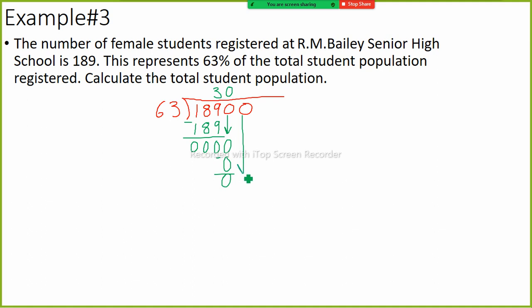And we bring down the 0 again, and that's 0 up top. 0 minus 0 is 0. So the total amount of students in the population is going to be 300 students.